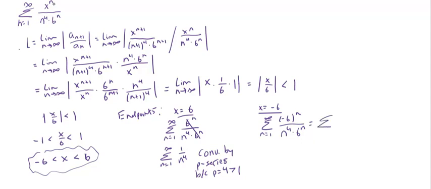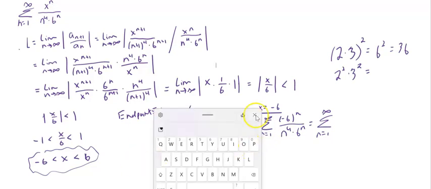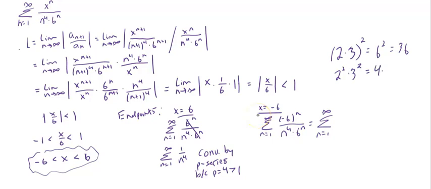So that's the same as, well, what's 2 times 3? It's 6. That's 6 squared, which is 36. Remember, you can also do this as 2 squared times 3 squared, because 2 squared gives me 4, and then 3 squared is 9, and that gives me the same 36.